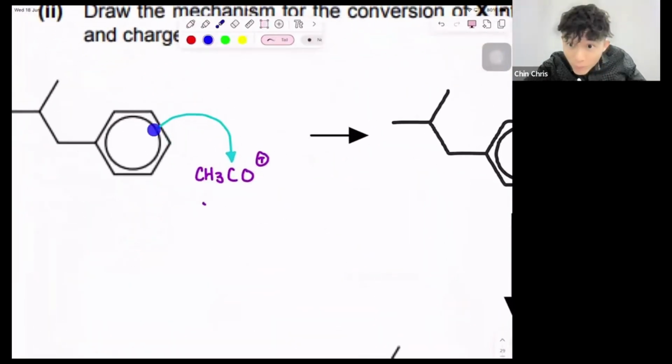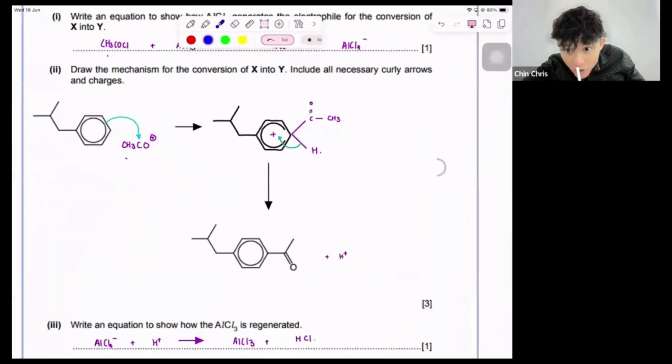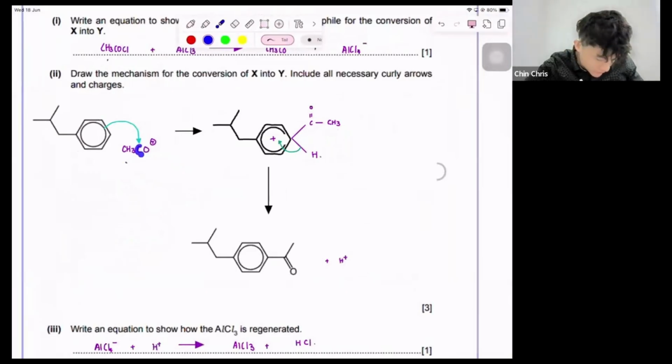Of course, it comes from the ring and goes to the carbon right next to where the CH3CO will be bonded. You have to go to this C, not this C, because this C is the one bonded to the ring.